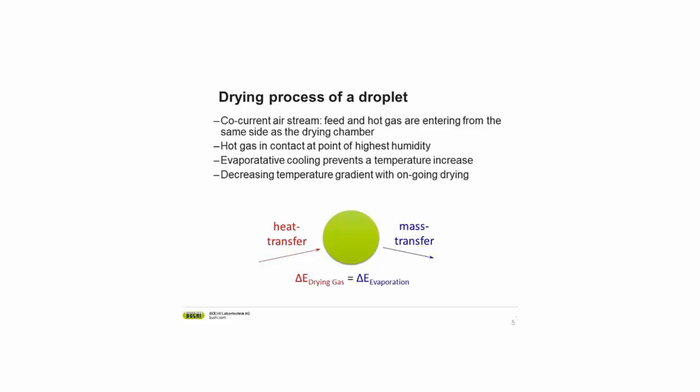The heat is transferred to the droplets and used to evaporate the liquid, and will not heat up your product. Then there is a decreasing temperature gradient with the ongoing drying until the product is dry and lands in the product vessel, where it is exposed to the outlet temperature of your spray dryer. So your product will never be exposed to a higher temperature than the outlet temperature of your spray dryer.